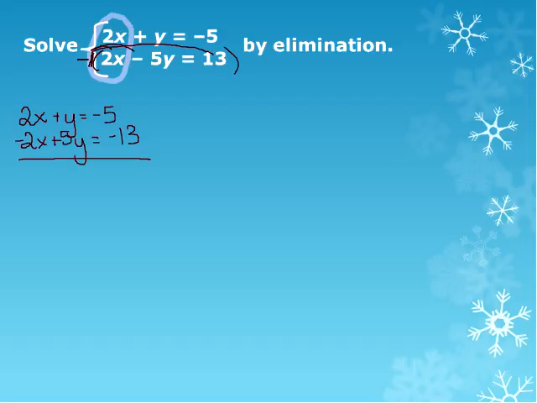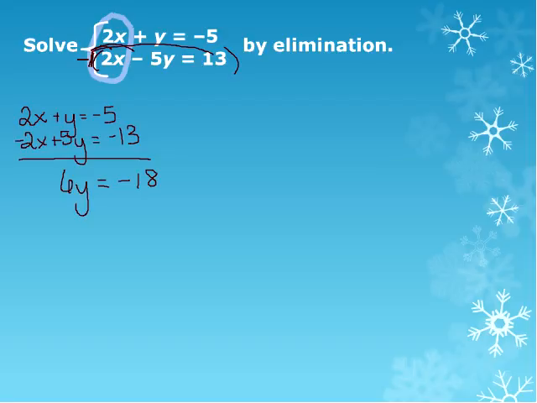A 6y. And careful, what is -5 plus -13? A -18. Don't miss the negative sign that stays with it.